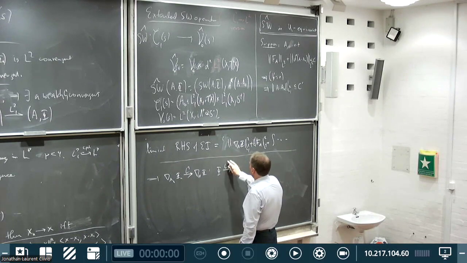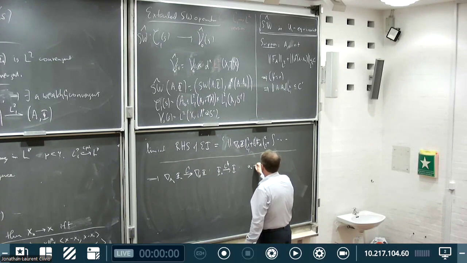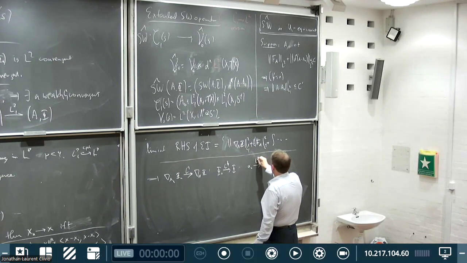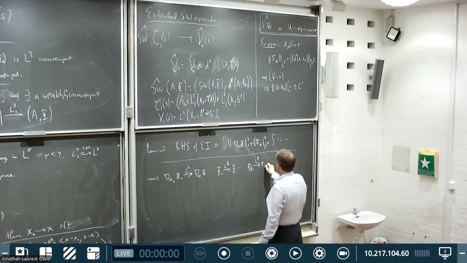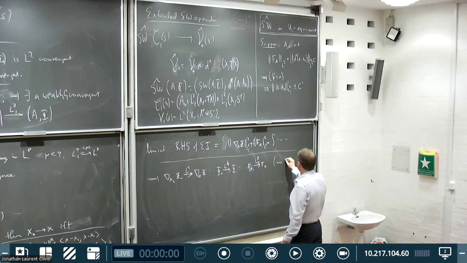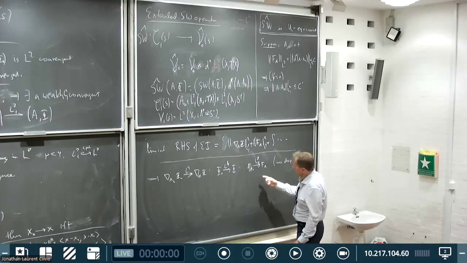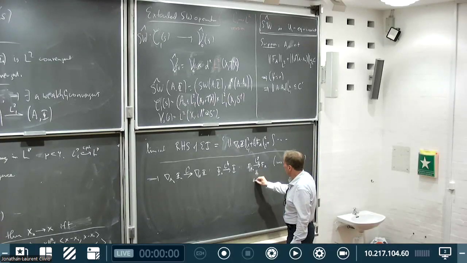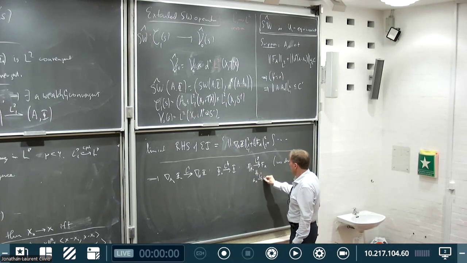Phi n converges, sorry, I should say phi n converges to phi in L2 strongly. And now, this implies that An converges in L2 strongly to A.